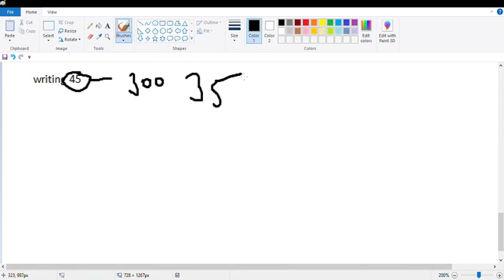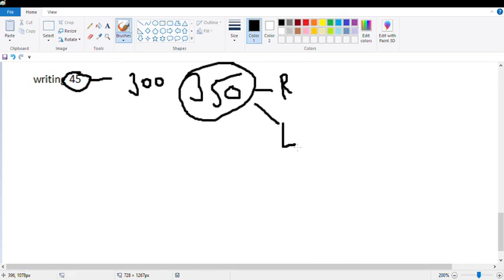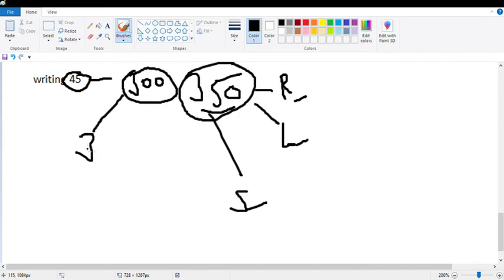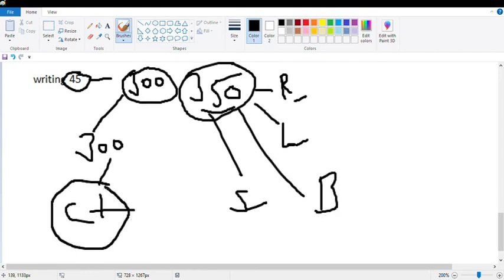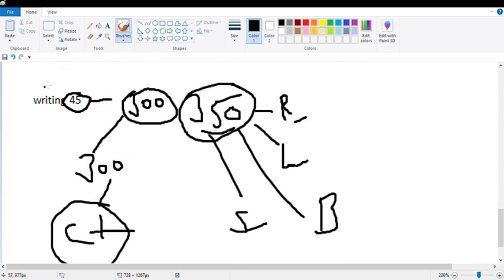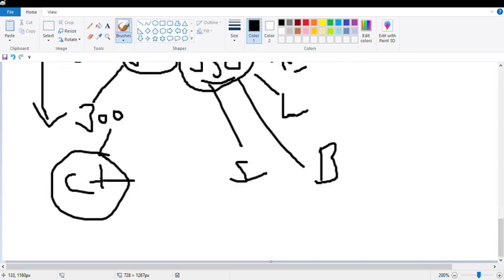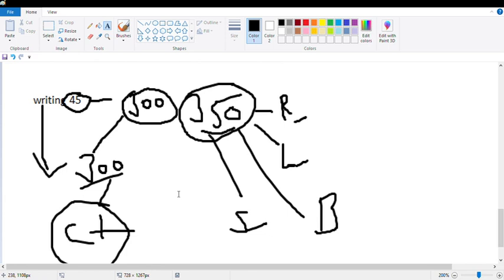If you want to pass reading, listening or speaking, you need to get 350. But for writing you only need to get 300. 350 is equal to B grade, 300 is equal to C plus. So to pass your writing, you need to get C plus, that is 300 scores.